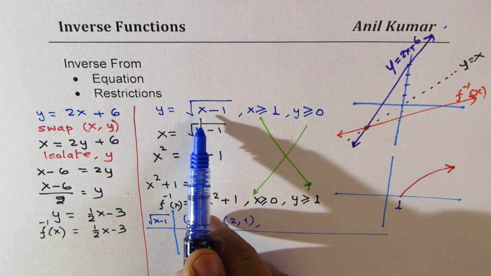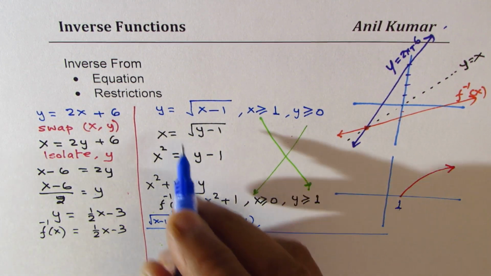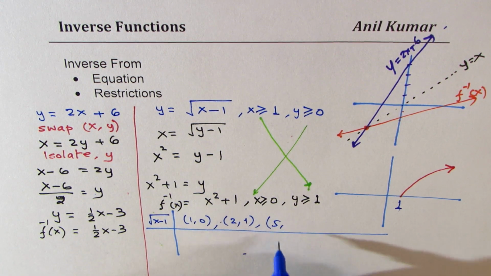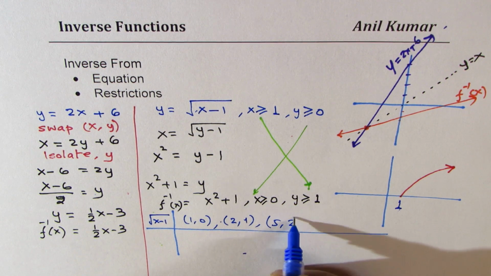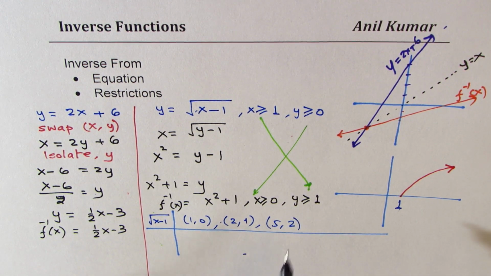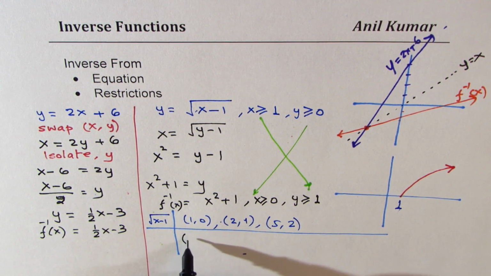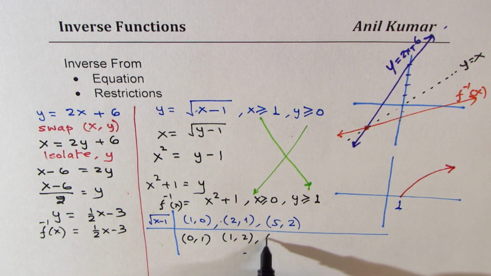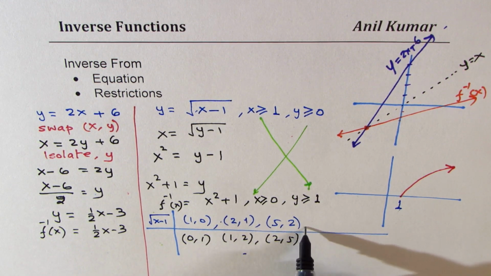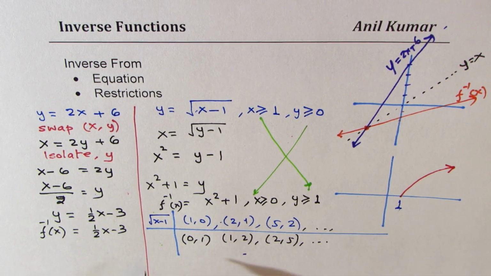If I write, let's say 4, let's say 5, then 5 minus 1 is 4 and we get 2. For the inverse function, these values are going to change to 0, 1, 1, 2, and 2, 5, right? So on. This is for the inverse function.